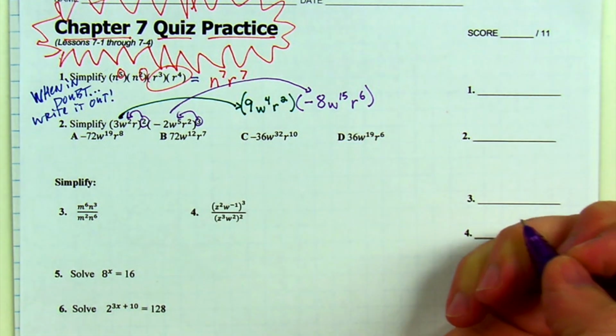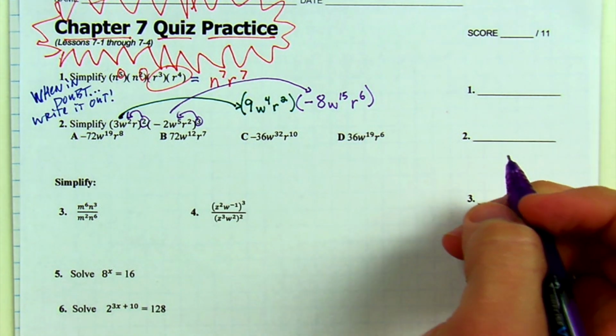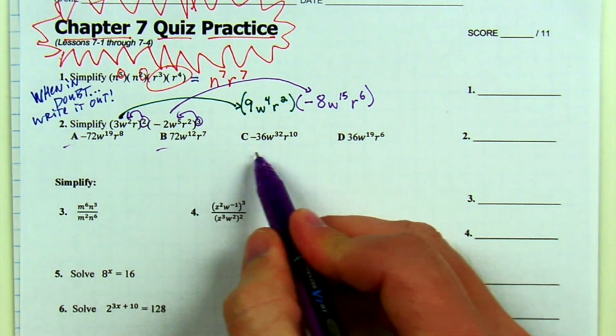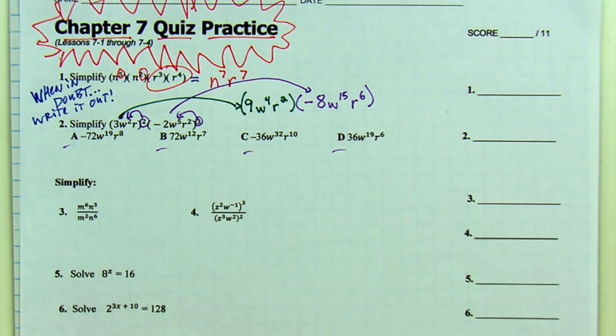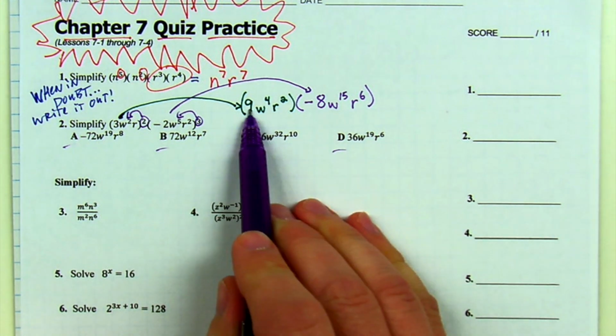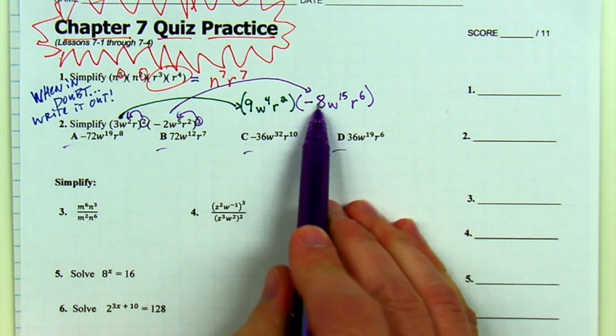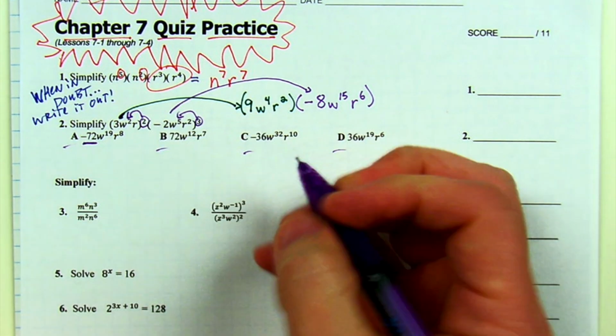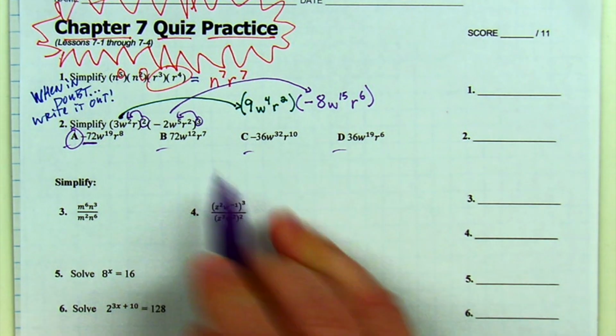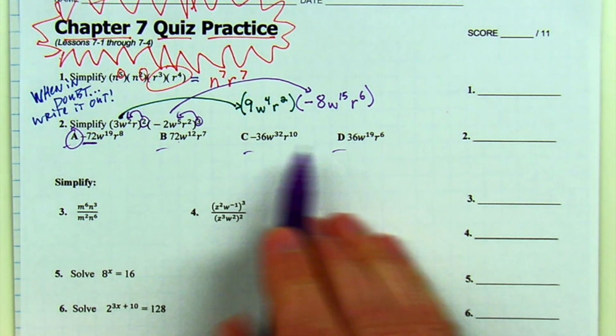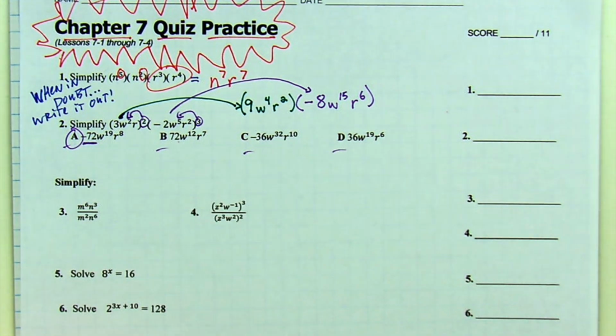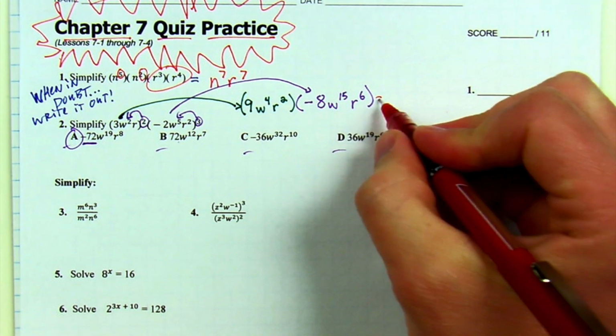Then from here, we've got to figure out which one of these choices is going to be correct. And you can kind of already tell that 9 times -8 is -72. So it's kind of got to be A, right? None of those other ones have a -72 there, so it's got to be A. But just to finish it up and show you how we came up with that, 9 times -8 is -72, right?